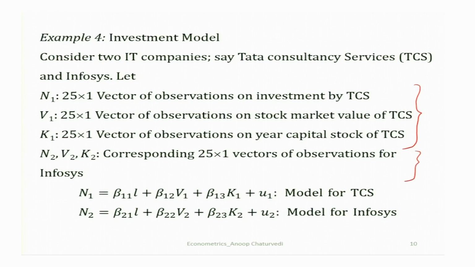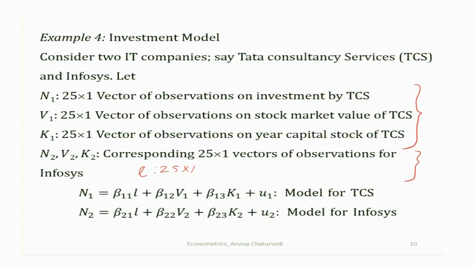Then the investment model for TCS is N1 equal to beta 1 1 L, where L is a vector with all elements equal to 1. So, this is also a 25 cross 1 vector with all elements equal to 1, plus beta 1 2 V1 plus beta 1 3 K1 plus U1, and the model for Infosys is N2 equal to beta 2 1 L plus beta 2 2 V2 plus beta 2 3 K2 plus U2.